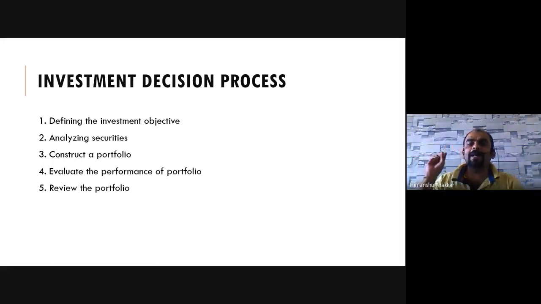Before you actually put your money into any of these investment vehicles, think about it: if I select the first investment portfolio, how much return do I get, and what is the risk associated with it? If I select the second portfolio, how much return will I get on it? That is called the review of the portfolio.